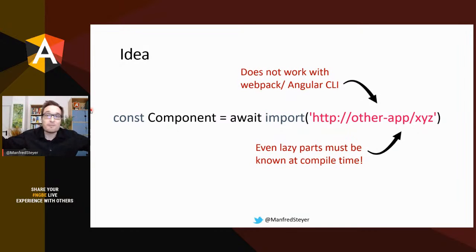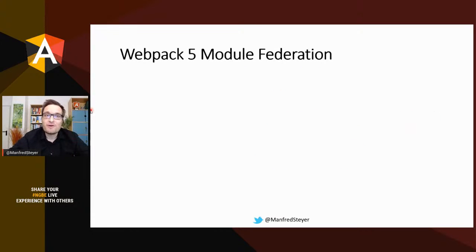Everything is separately compiled, everything is separately deployed, and so the first time we know our stuff is at runtime. This was a big issue in the past. Of course, as always, we found some dirty workarounds to bypass those limitations, but there hasn't been a sound solution for this. And this is changing now with Webpack 5 and module federation.